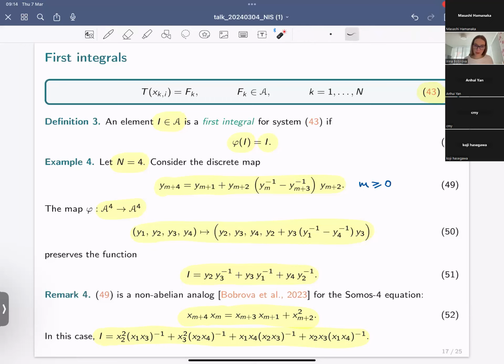Then by taking the difference of these two Somos-4 equations with different m and with different notation for the variable y, we can derive our equation 49. In this sense, we will call equation 49 a non-abelian analog of the Somos-4 equation, because starting from the commutative one, we can rewrite it in the form 49, but for commutative variables y.